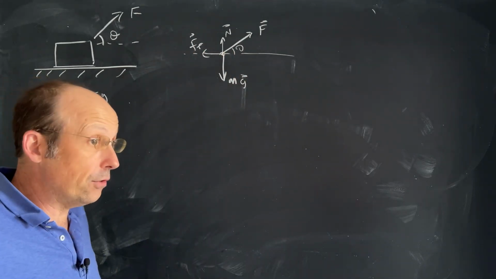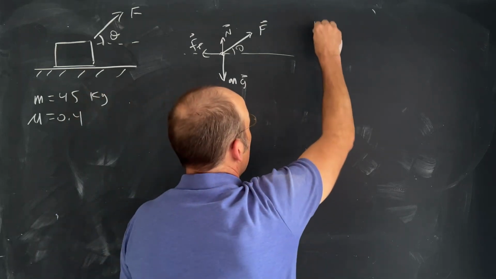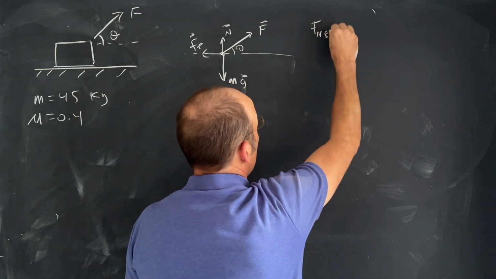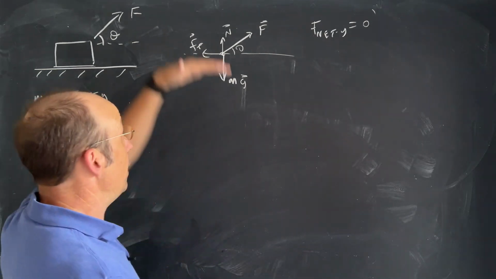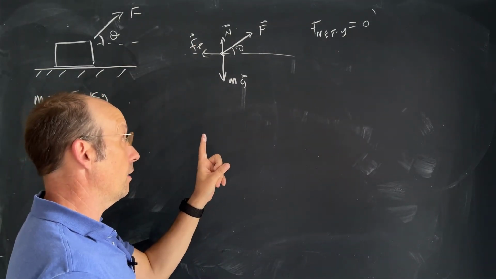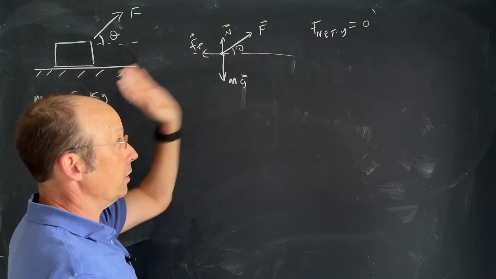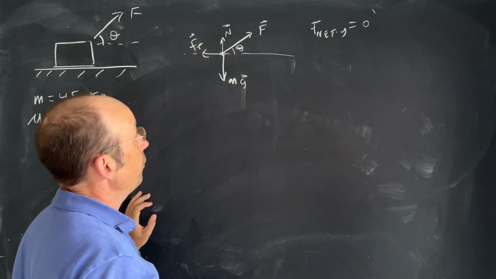I can write Newton's second law in two components. I can say the net force in the y direction is 0, right? Because if the object does not accelerate in the y direction, then the forces have to add up to 0. So let's go ahead and write that down. This is a theta. What forces do I have in the y direction?